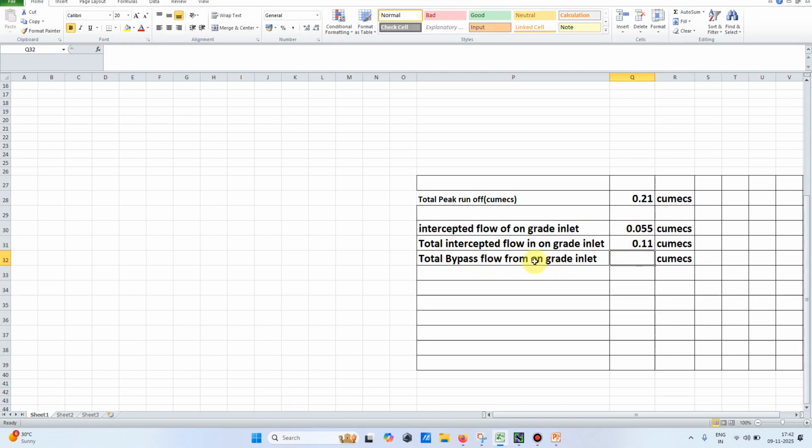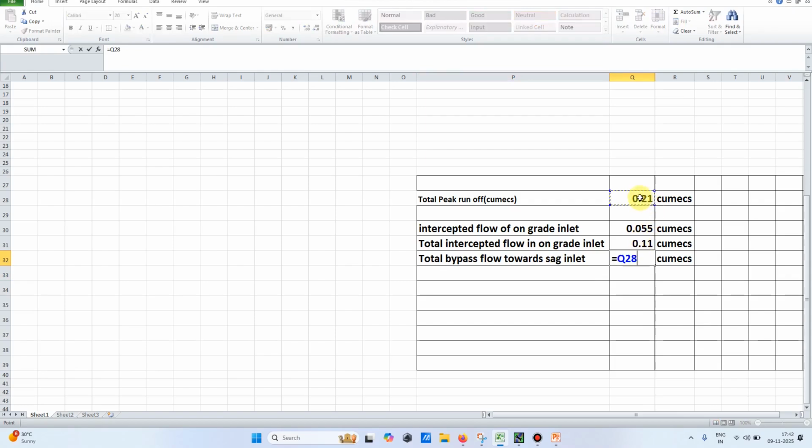That means the total bypass flow towards the sag inlet is 0.21.